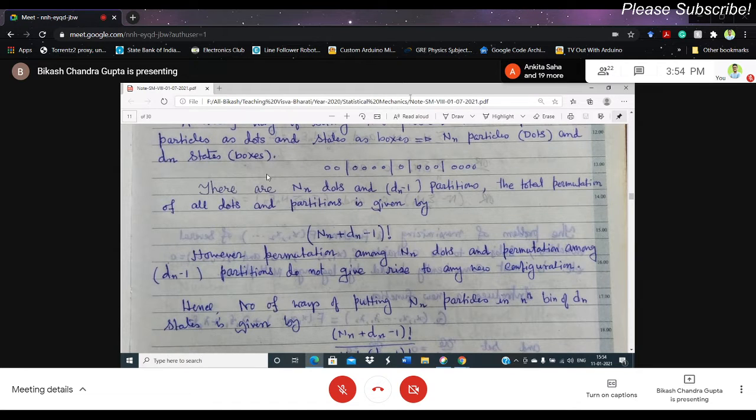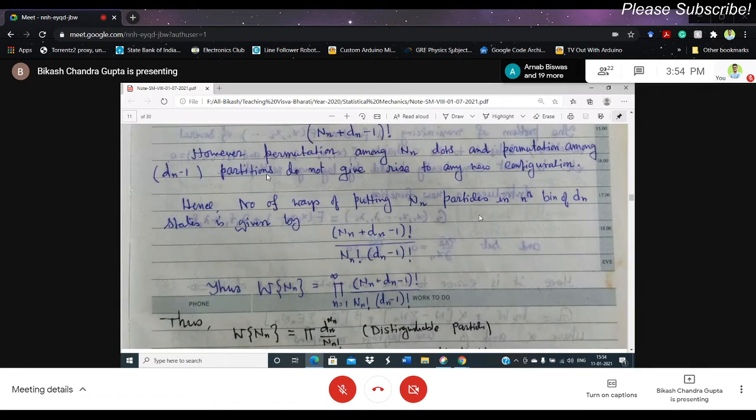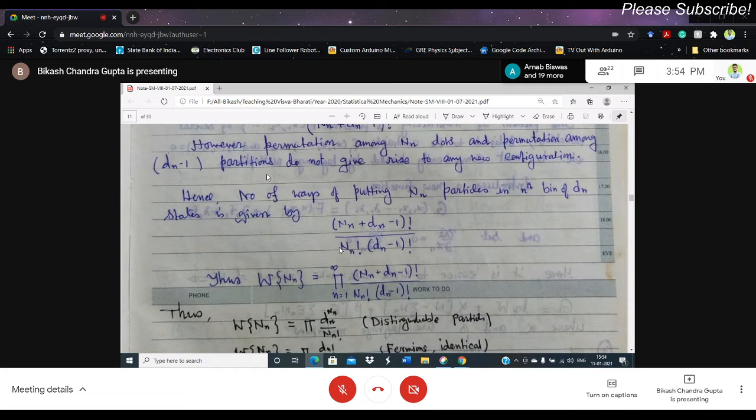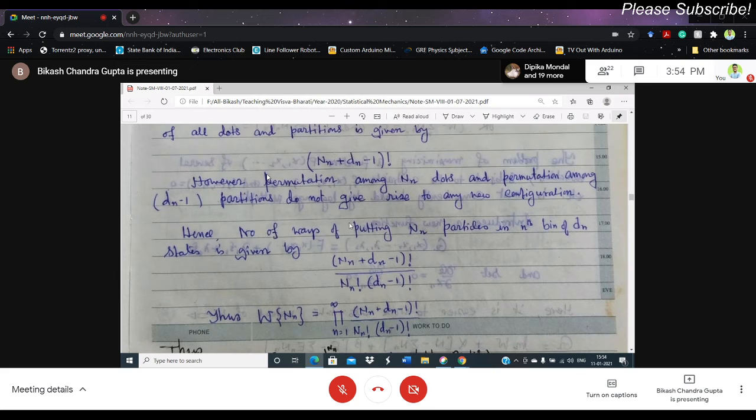That's why from this you have to divide by Nn factorial, that is the permutations among the particles, and also Dn minus 1 factorial, that is the number of permutations among the partitions. So this way you get the total number of ways you can distribute Nn particles in Dn states if the particles are bosons.